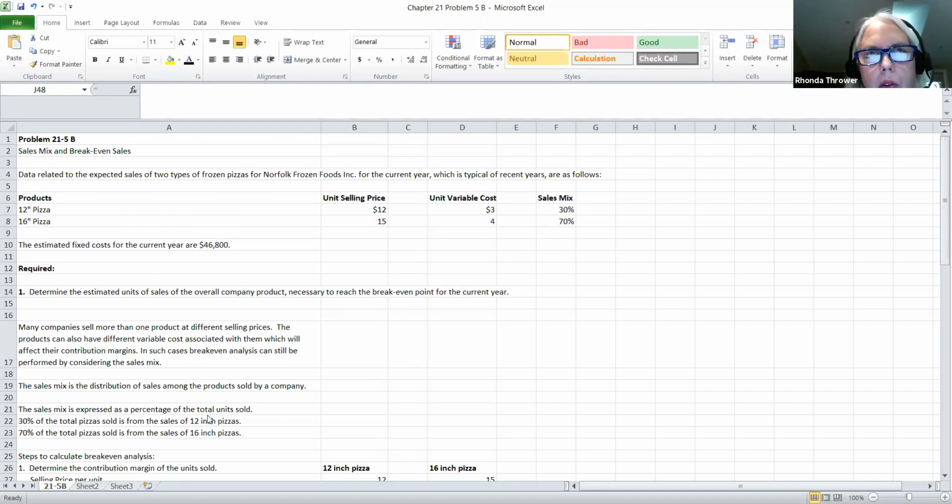So 30% of the total units sold are from 12-inch pizzas. The remaining 70% of the products sold will be the 16-inch pizzas, since there's only two products in this company. So 70% of the total sales belong to the 16-inch pizzas.